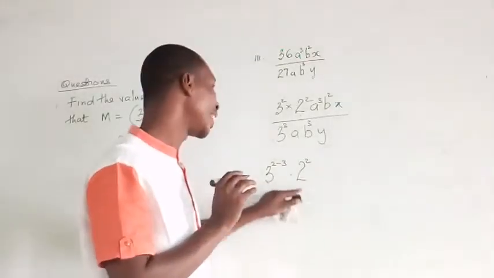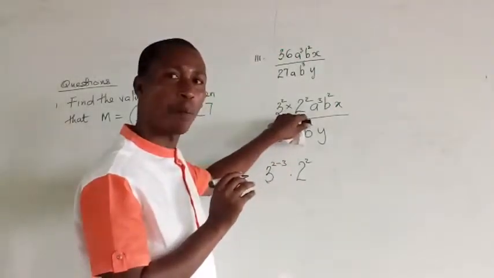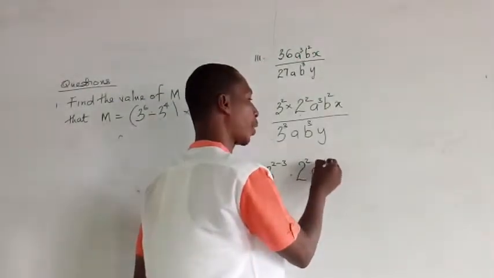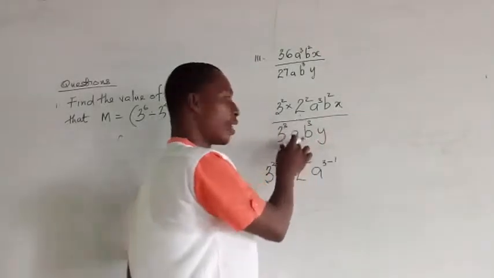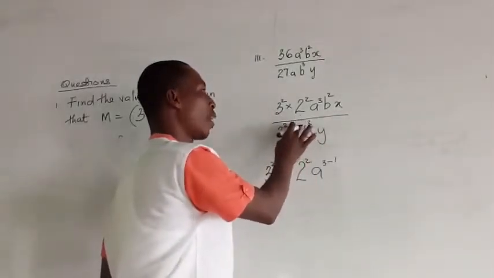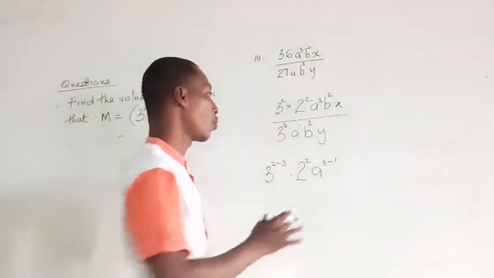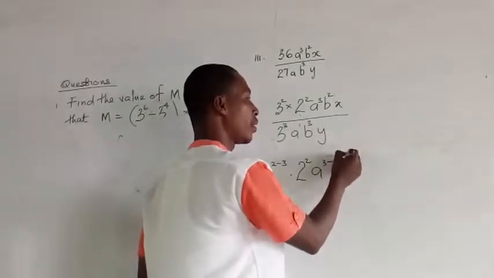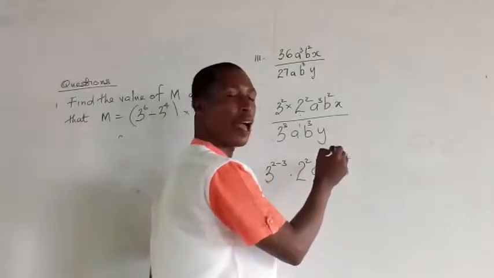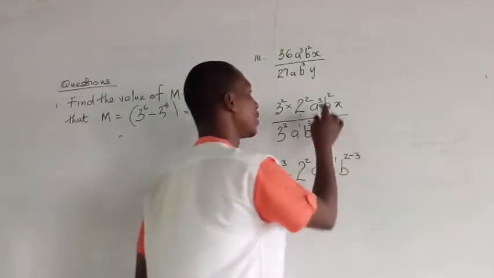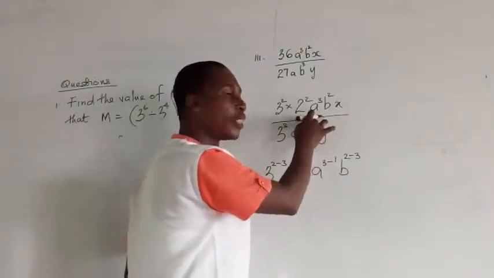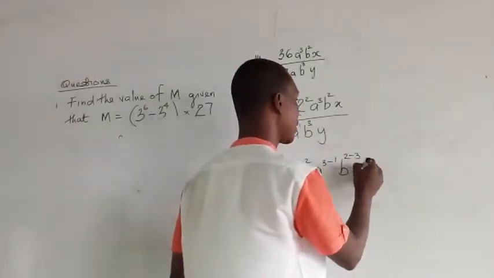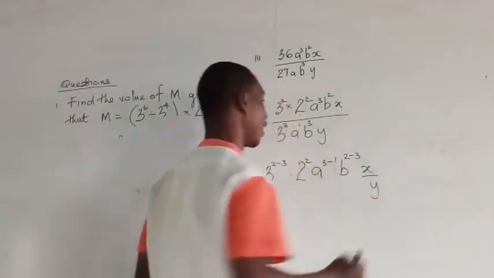It's constant because there's no number competing with it, so that one will remain. Then I have a to the power 3 minus 1. Just a to the power 1, but the power 1 we don't write it. Then b is 2 minus 3. The numerator is to the power 2 and the denominator is to the power 3. Then x divided by y will remain like that.